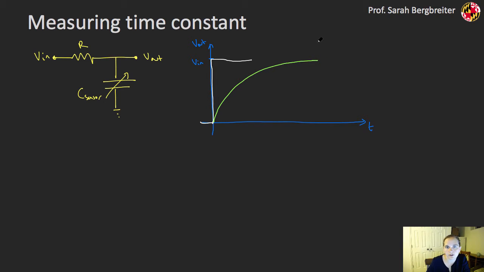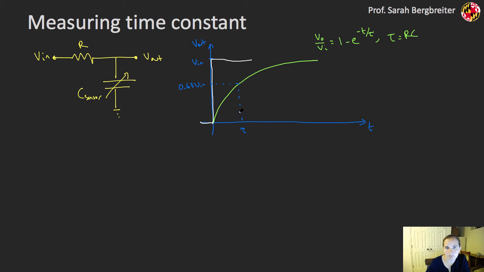So this is defined by V_out over V_in is 1 minus e to the minus t over tau, where tau in this case is my RC time constant for this circuit. And of course at tau, I'm going to be 63% of the way to my final value. So this would be 0.63 V_in at time t equals tau.